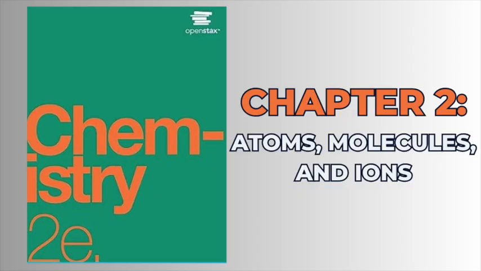Figure 2.18. This figure shows 4 diagrams. The diagram for H shows a single white sphere and is labeled 1H atom. The diagram for 2H shows 2 white spheres that are not bonded together. It is labeled 2H atoms. The diagram for H subscript 2 shows 2 white spheres bonded together.